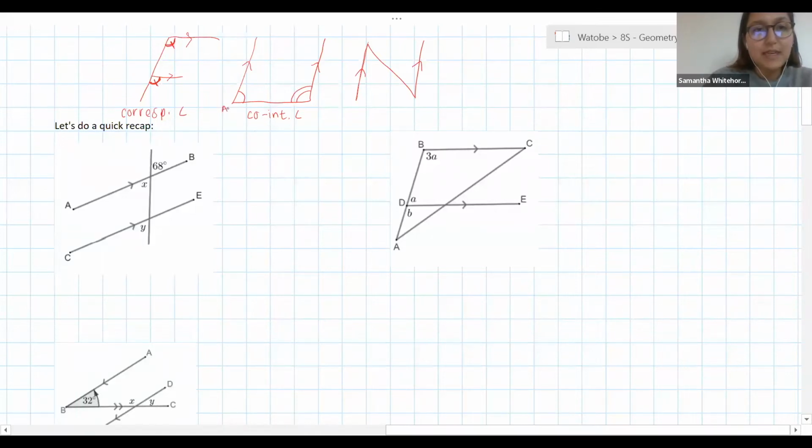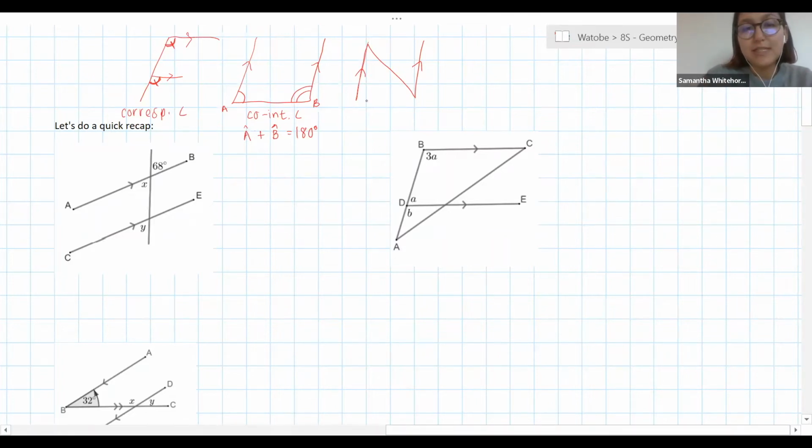So if I add little labels here, angle A plus angle B has to get 180 degrees. The co-interior angles are a little bit different because they have to add up to 180, whereas corresponding and what we're about to talk about, alternate angles, are just equal to each other.